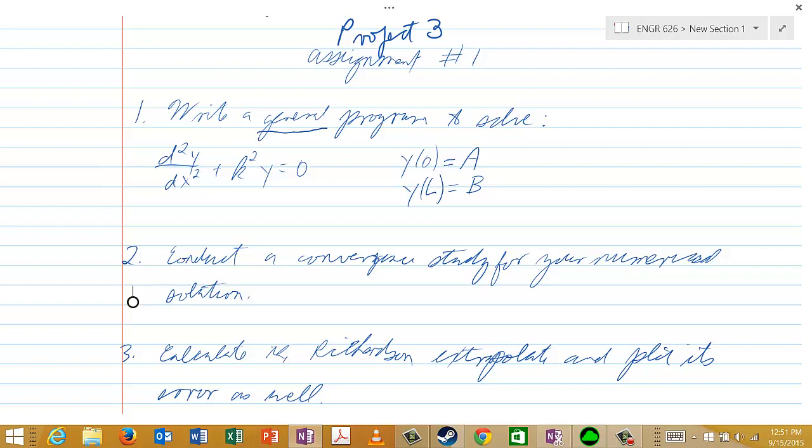The only thing you'll change is that value of N, in the appropriate way with each successive solution, so that your value of H is halved each time. And for each different value of H, you want to calculate a new global error and keep track of both H and the global error and how they're related to each other. For each H, you want to record the value of H and the global error.